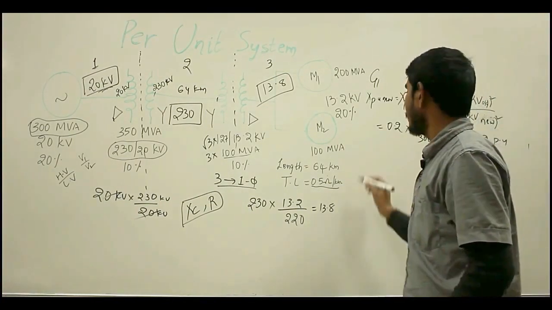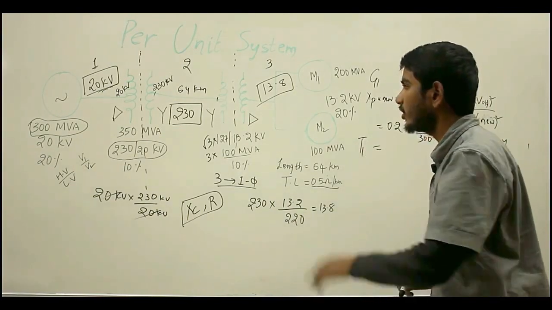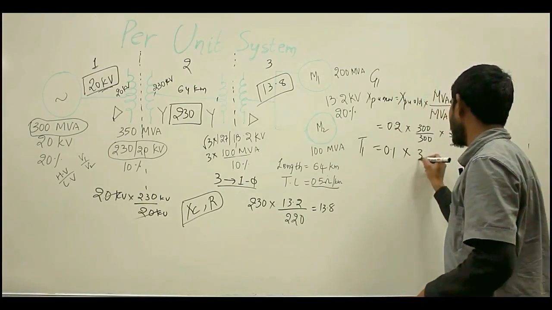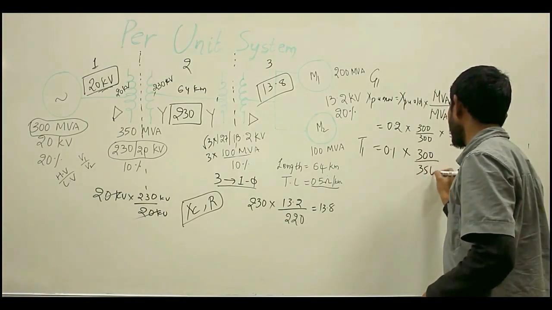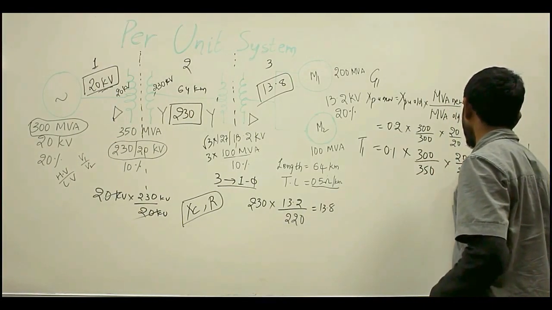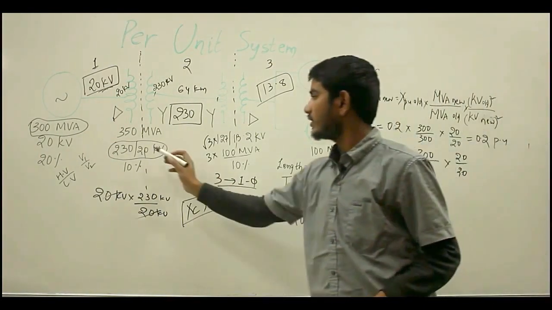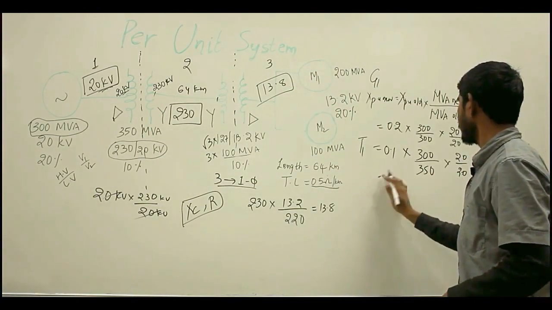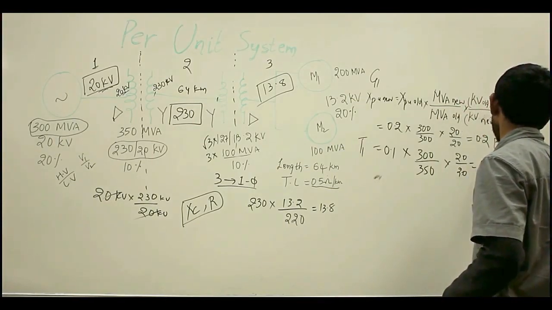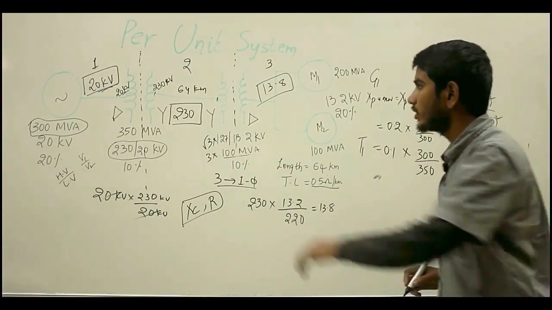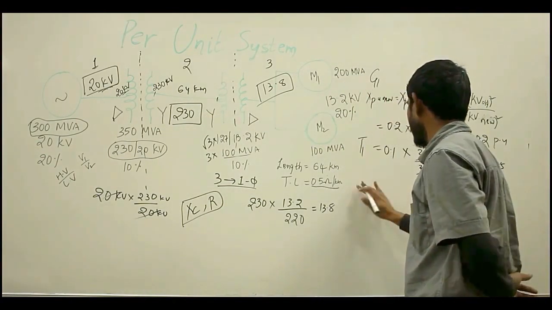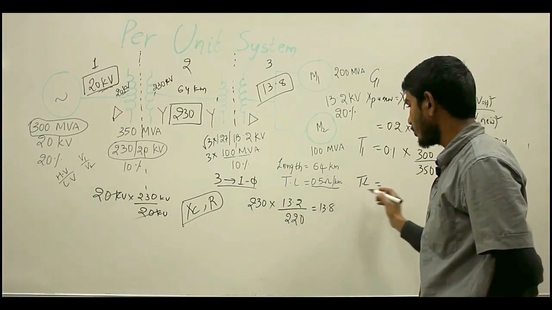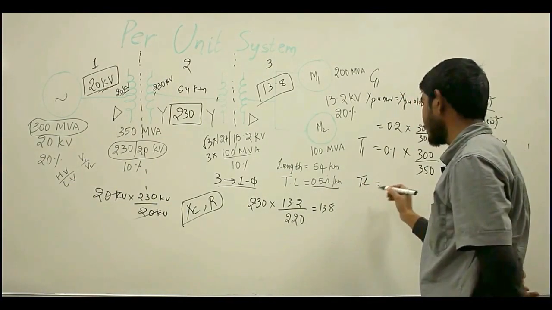Now for the transformer T1, x per unit old is 0.1 into MVA new 300 upon MVA old 350, into 20 upon 20, because kV old is 20 and new is also 20. So I will get this value as around 0.085. Now for the transmission line TL, I am given 0.5 ohm per kilometer, but it is of 64 kilometers.